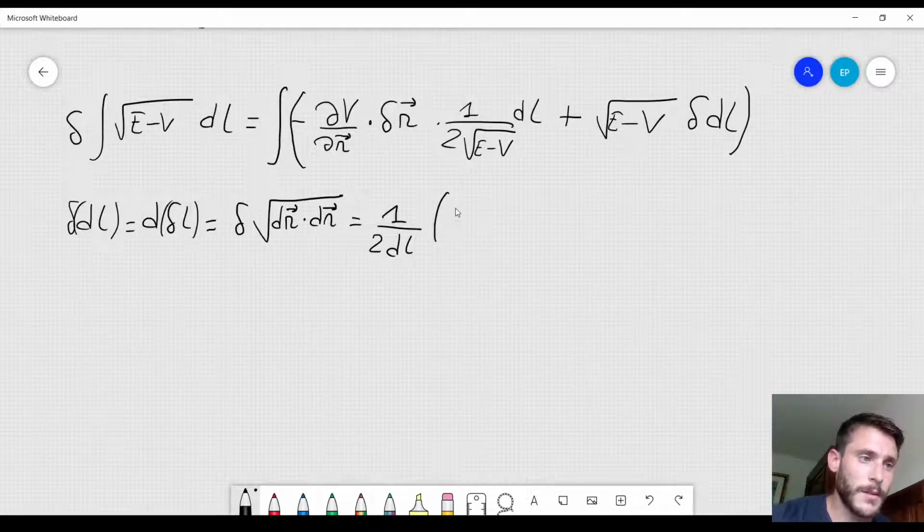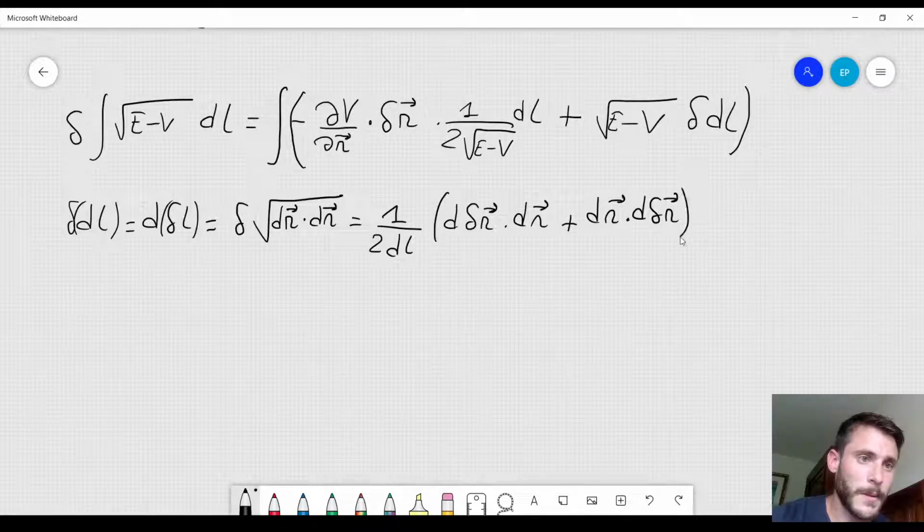So I have the differential of the variation of r dot product dr plus dr dot product the differential of the variation of r, and this will give us dr dot product d variation of r over dl.